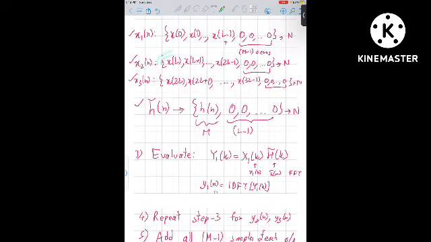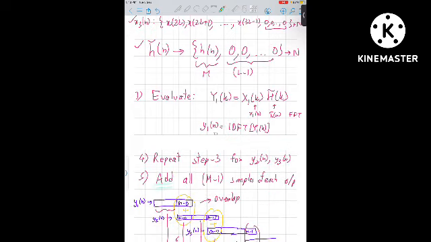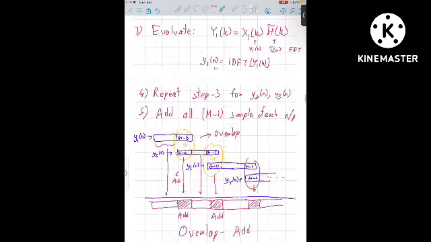So y1 of n is an n-point sequence. We take m minus 1 points from the end of this, and then we have y2 of n, with m minus 1 points from its beginning. We will add them.